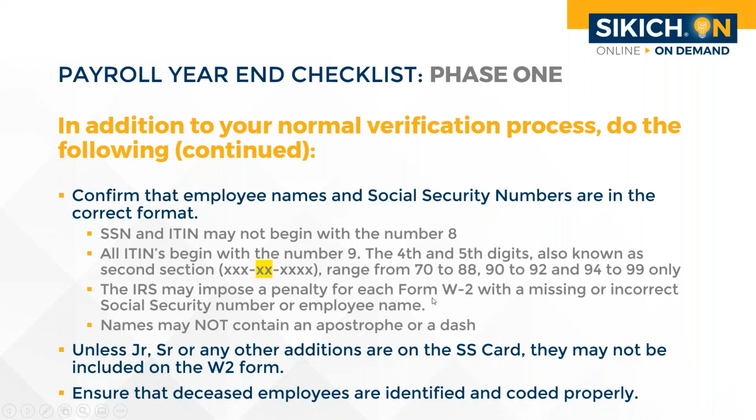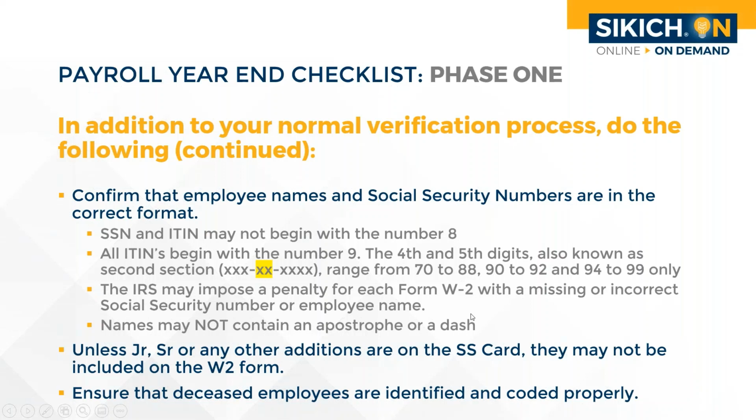And as you know, the IRS may impose a penalty for each Form W-2 that has a missing or incorrect Social Security number or a bad employee name. And we're going to talk about the employee names in a moment.